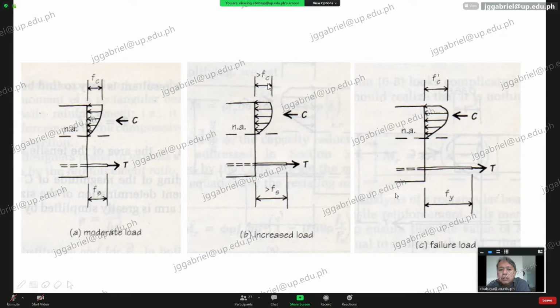Or the stress in your concrete, f prime c, is reached. So that would be the failure load, or that is when your singly reinforced beam reaches its failure mode.